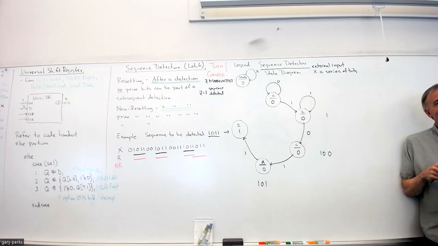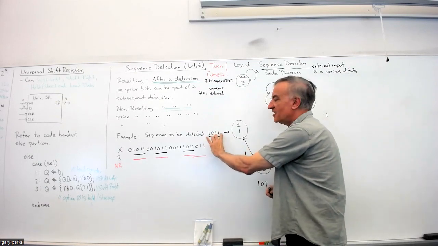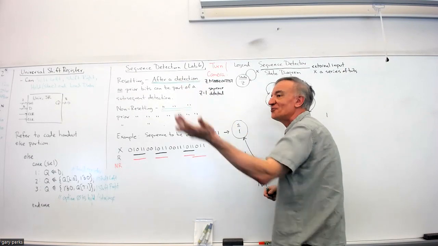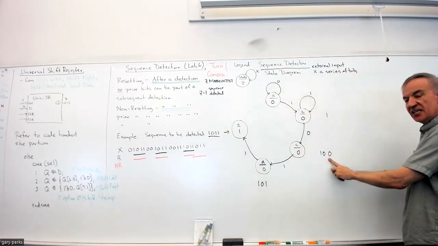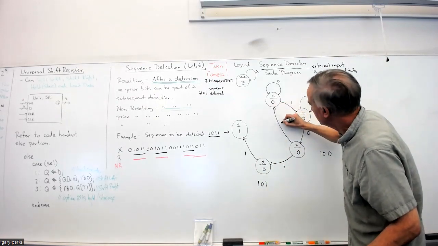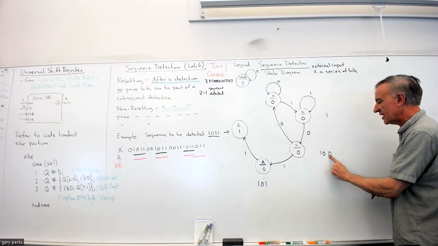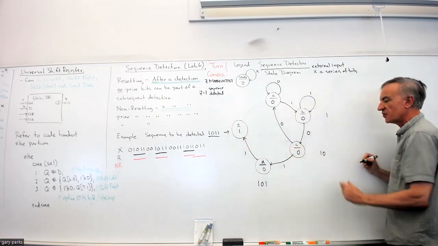Yeah, we go back to A. That's correct, but why? Yeah, once you get 2 zeros in a row, you're not going to get this sequence. You've got to start over again. So if we're in state C and we get a 0, we want to go back to state A, because we don't have 2 zeros in a row in the sequence that we're looking for.